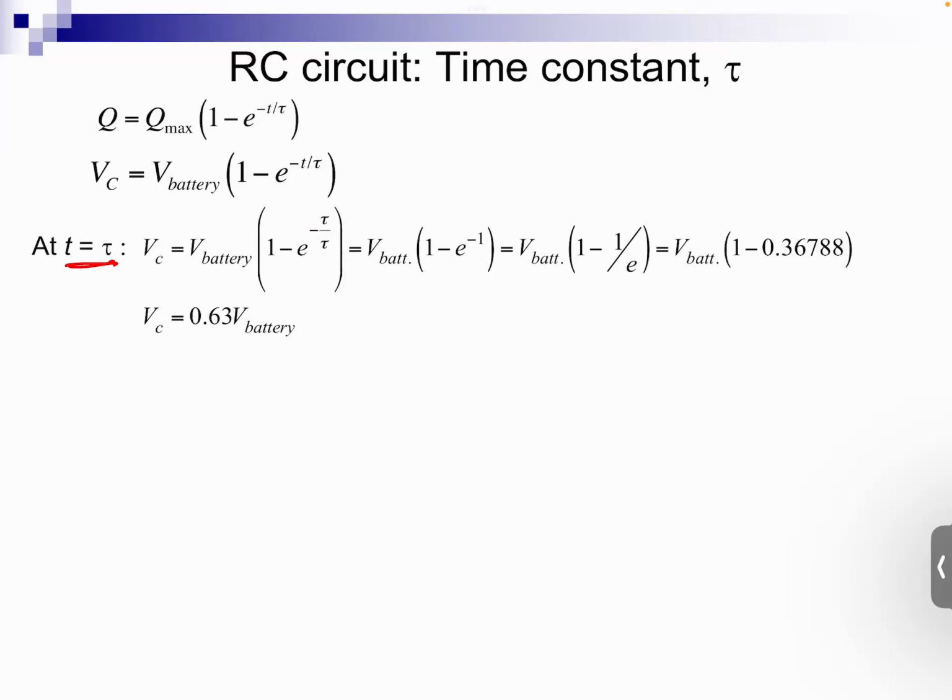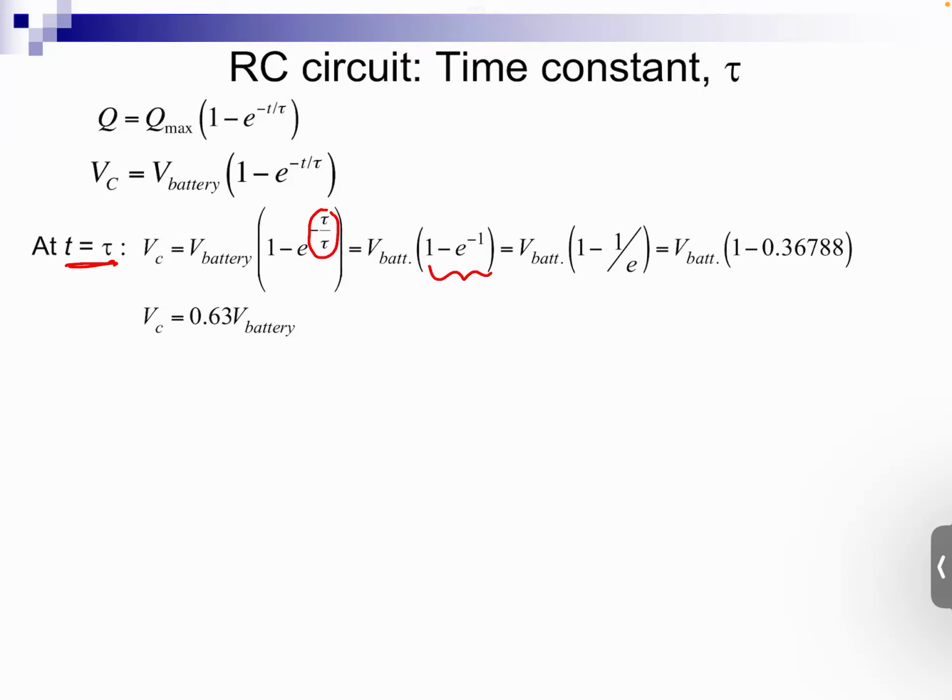We have, therefore, this thing becomes -1. And e is just a constant number, so we can actually solve this whole thing. e to the -1 is equivalent to 1 divided by e. And if you do 1 minus 1 divided by e, you have 1 minus 0.36788, which gives you 0.63.